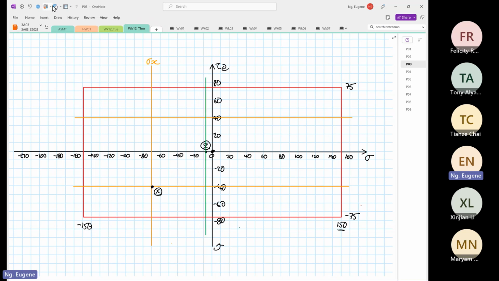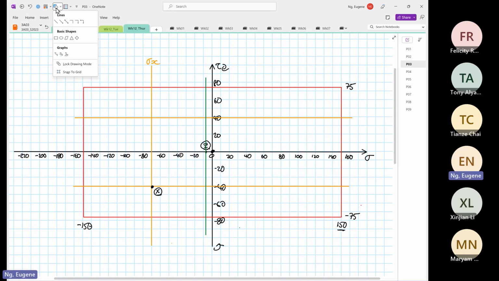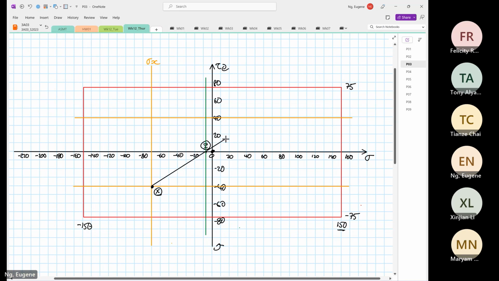Then we know that we can draw a straight line. Knowing the average stress is very important. And then it will go until here.